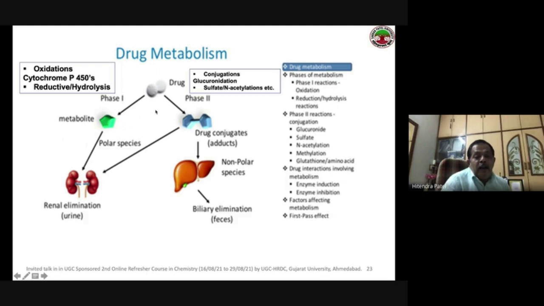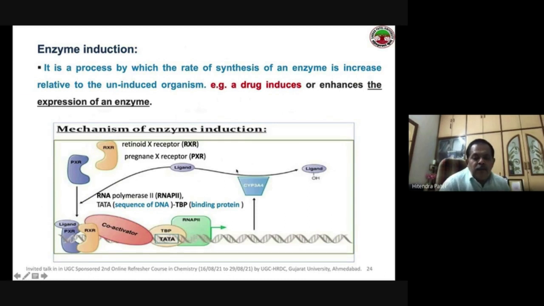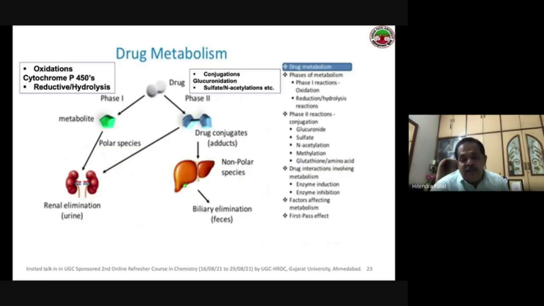right? And when we talk about phase 2, as I already explained in an earlier slide, conjugation also happens in terms of glucuronidation, sulfation as well as N-acetylation in phase 2, and it gives the drug conjugate. So the adduct formation takes place, all right? The drug forms the adduct, and then the non-polar species, as you know, RSH formation with the drug molecule, can be eliminated through biliary elimination as well.